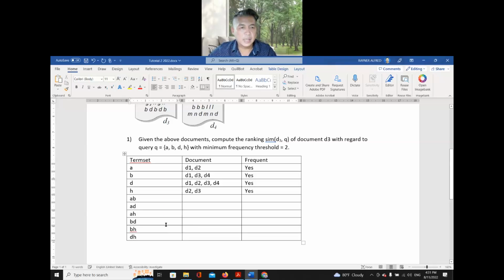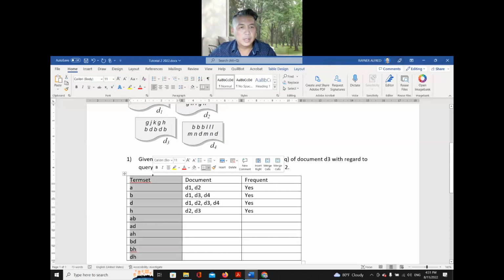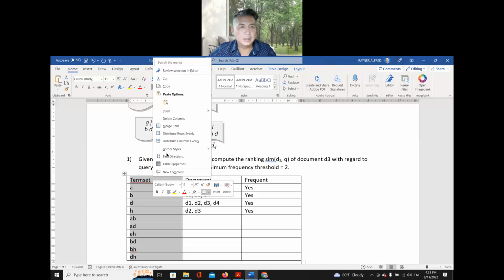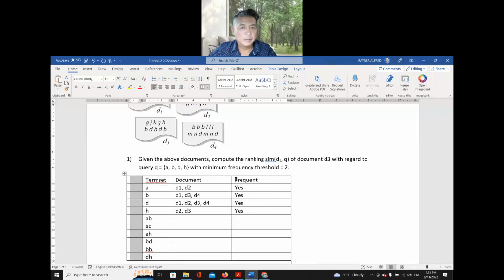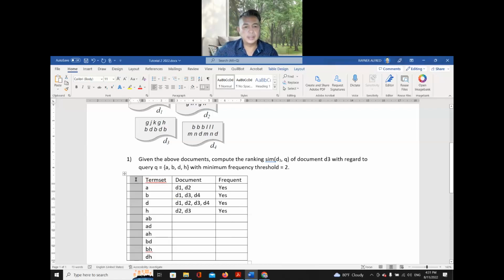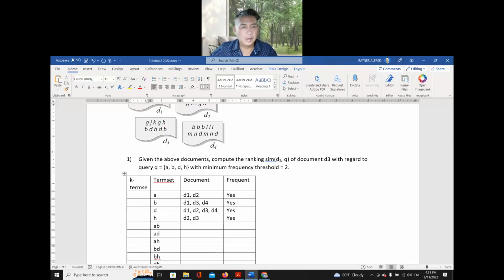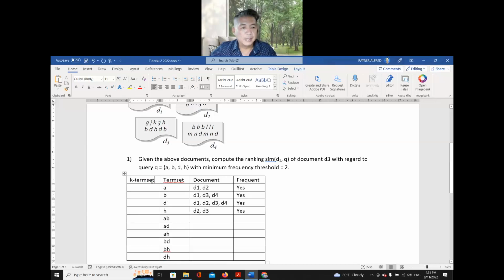All of these are two-term sets. Let's insert one more column here. This one is K term set, to indicate that this is one term set, this is two term set.